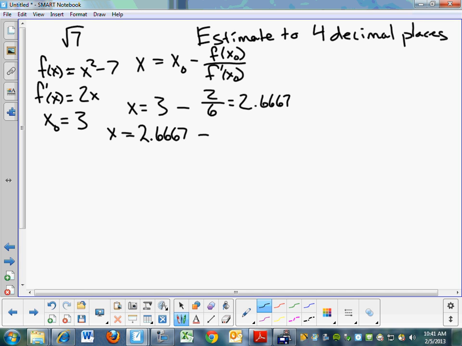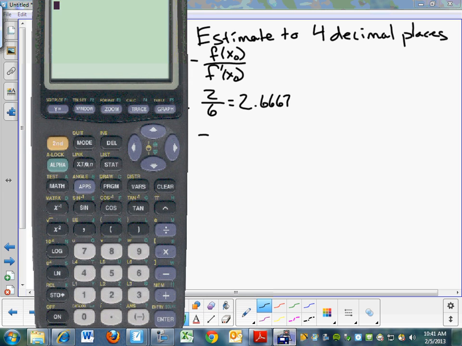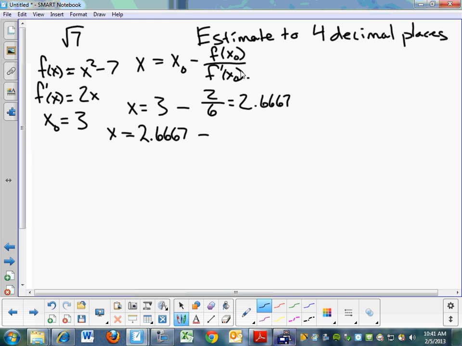Minus... now I got to plug f of x sub 0. 0.1113. But there's 3 ones.